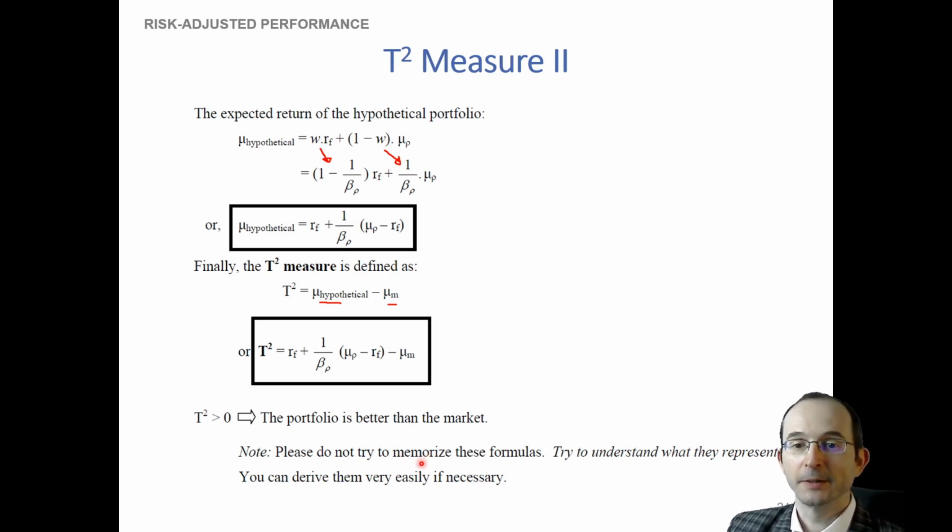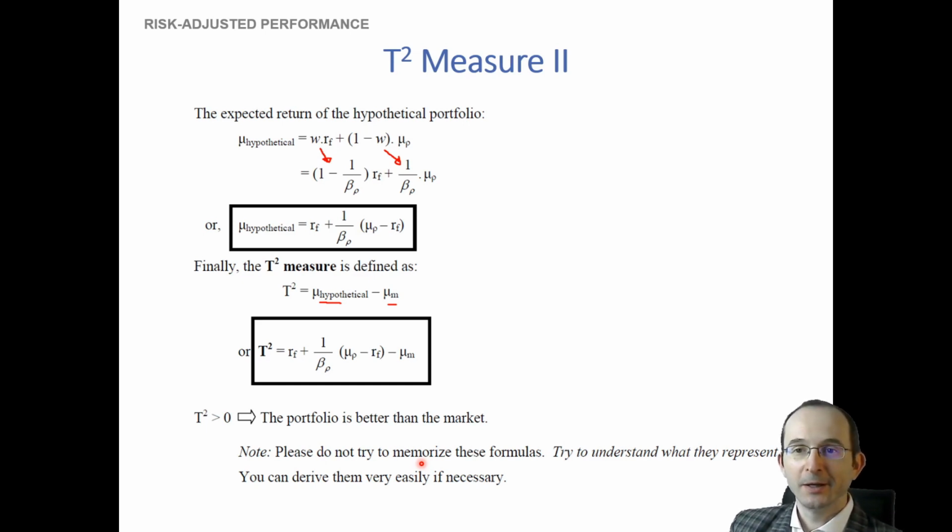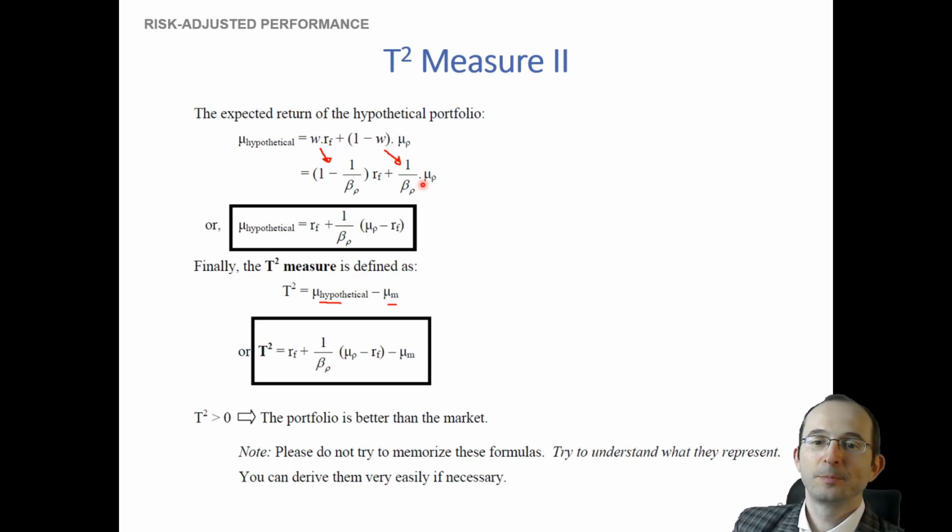And the important thing for both the M2 measure and the T2 measure is that you shouldn't really try to memorize their formulas. If you just focus on what they represent, the idea that all you're trying to do is pick a weighted position such that either the total risk is the same as that of the market, or the beta, the systematic risk, is the same as that of the market, then you can get these expressions for W and 1 minus W pretty much instantaneously.